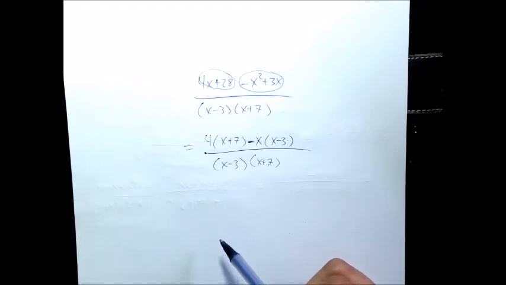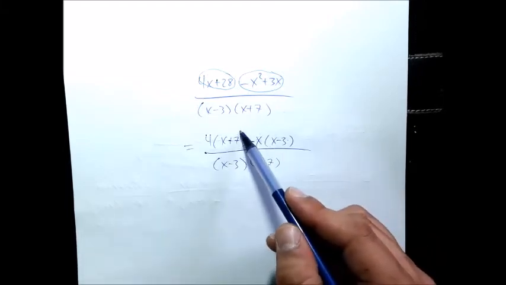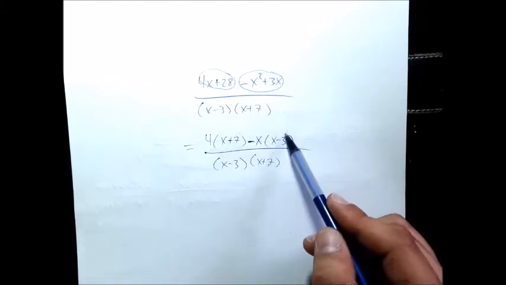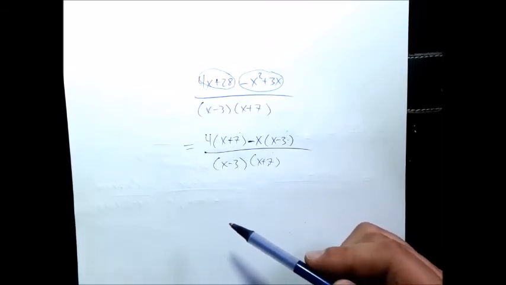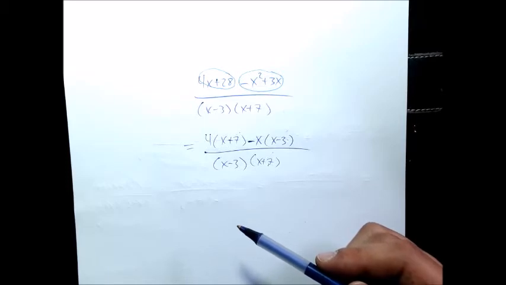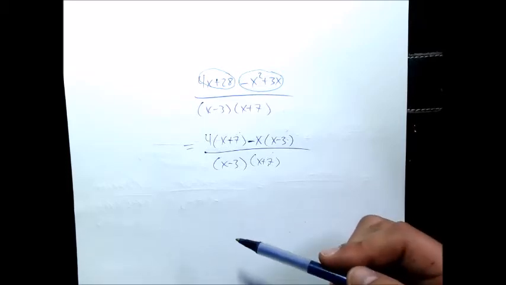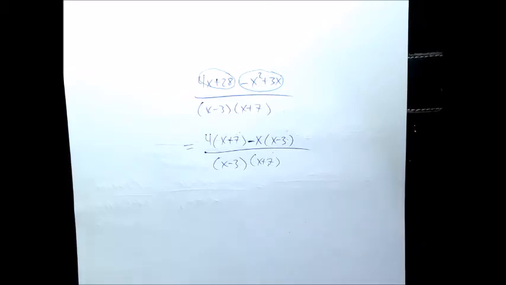And so the question is, can we cancel the x plus 7s and the x minus 3s? We can't. I kind of felt like, ooh, maybe this is going to work, but we can't. But why? Say more. Because of subtraction. Yeah, say more.